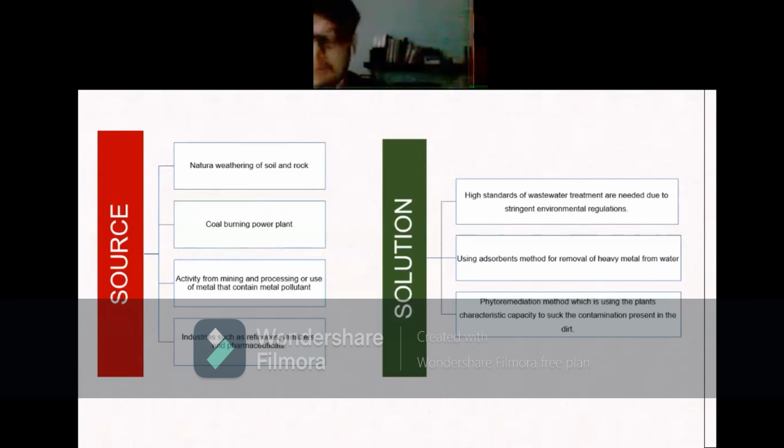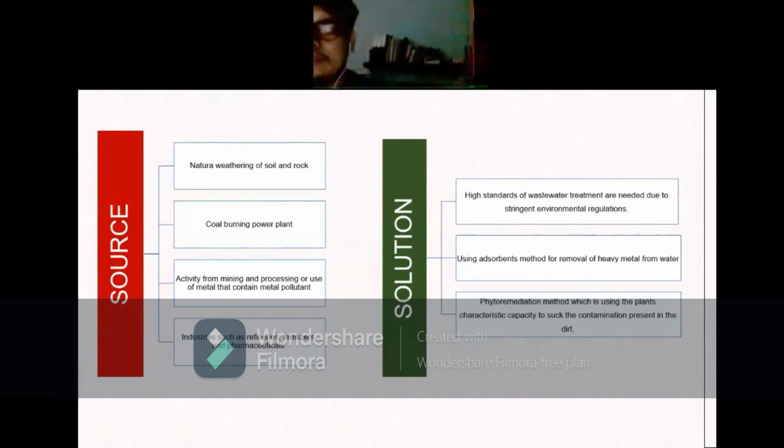To improve the water from heavy metal contamination, we can use the adsorbent method for removal of heavy metal from water. For example, nanomaterials are efficient adsorbents for removal of heavy metal from wastewater because they have high surface area, ion exchange activity sites, and functional groups present on the surface.